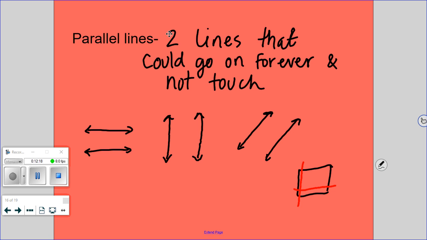Lily? A rectangle. Even though a rectangle is usually longer on one side, it's got parallel sides going up and down. It's got parallel sides on the sides.